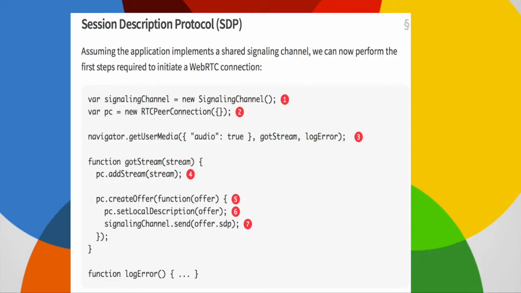Session Description Protocol (SDP). Assuming the application implements a shared signaling channel, we can now perform the first step required to initiate a WebRTC connection.